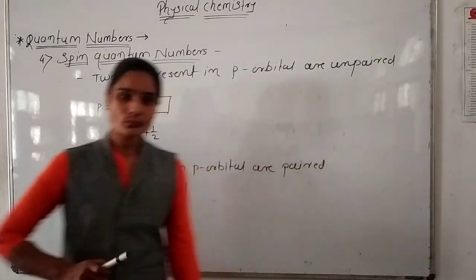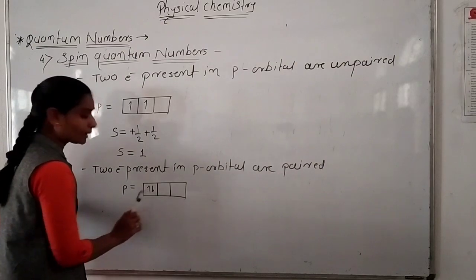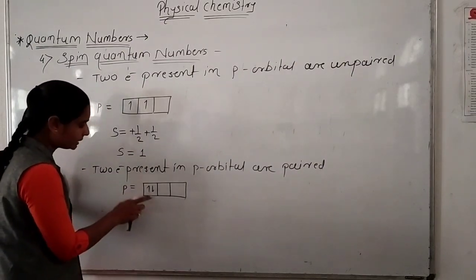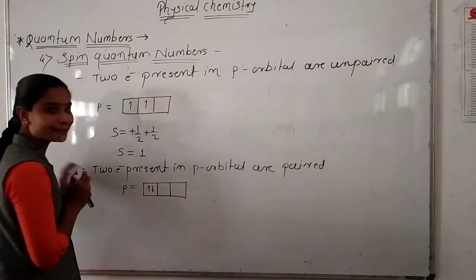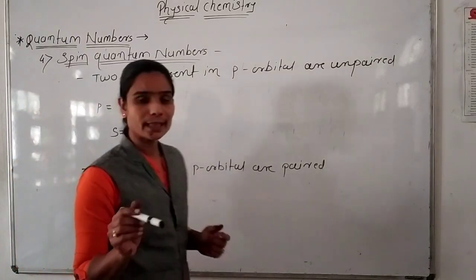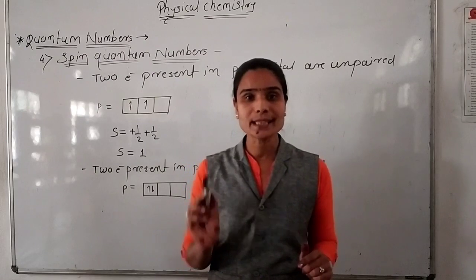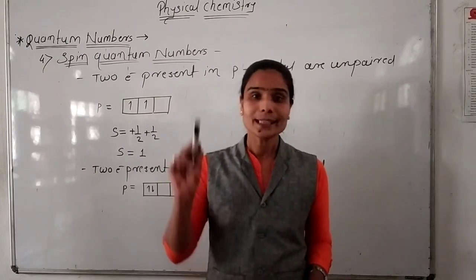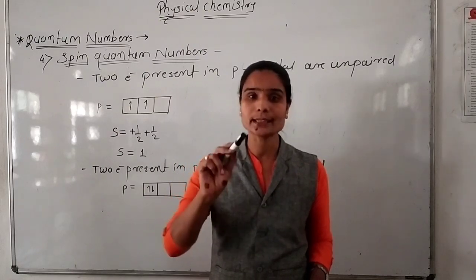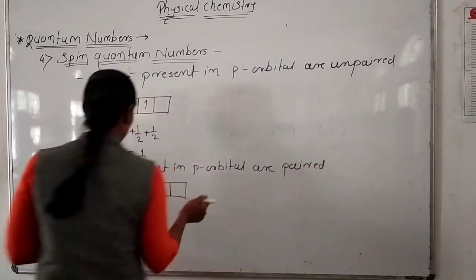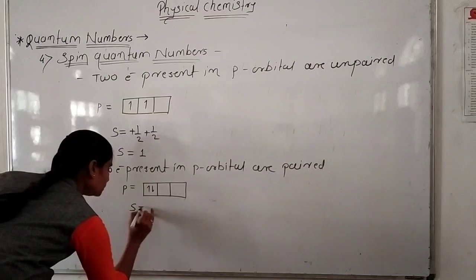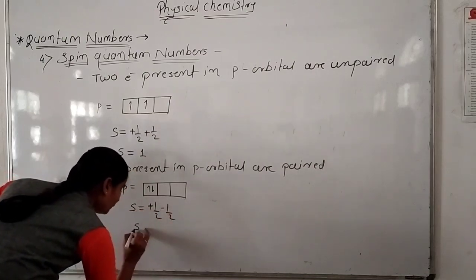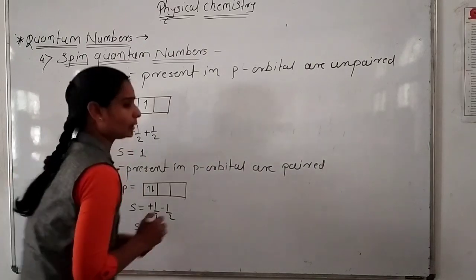Now see, these two electrons are paired. One electron has an upward direction and the second electron has a downward direction. We said that an electron in the upward direction has plus half value, and an electron in the downward direction has minus half value. So S is equal to plus half minus half, S is equal to 0.